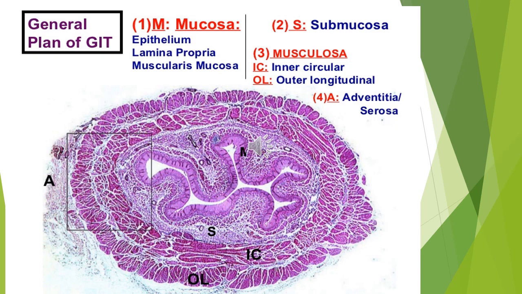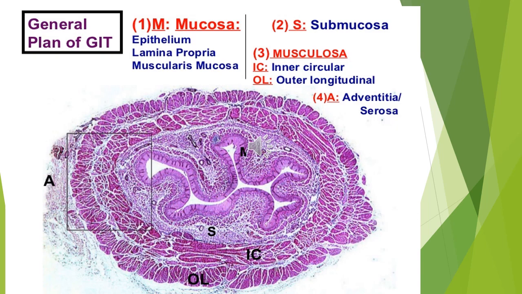Then just below it, in the diagram, there is written S. That is the submucosa, made up of dense irregular connective tissue along with blood vessels and its own nerve plexus, called the Meissner's plexus.